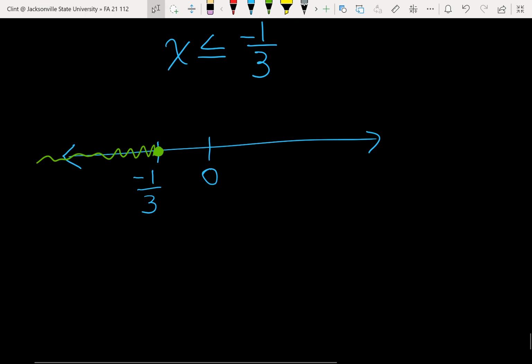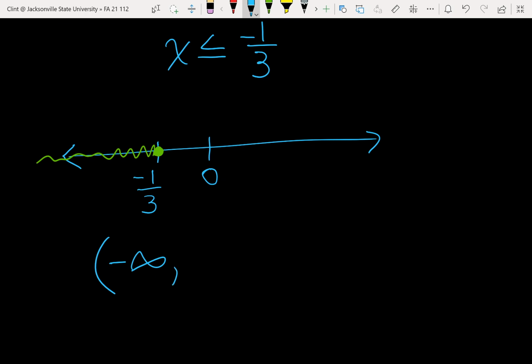And for interval notation, start off thinking about what's the smallest my solution can be. It goes forever to the left. So where do we start out? If it goes forever to the left side. Yeah, and it's on the negative side, so negative infinity. The infinities always have a parenthesis.